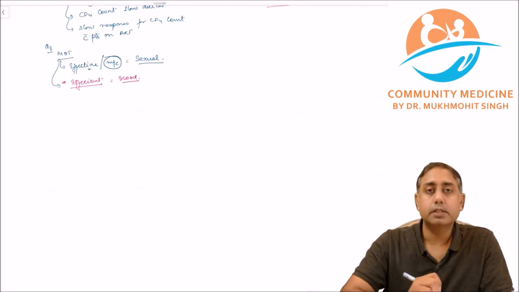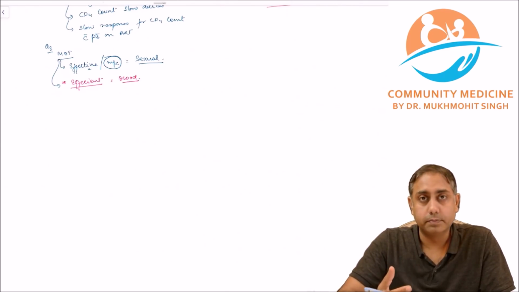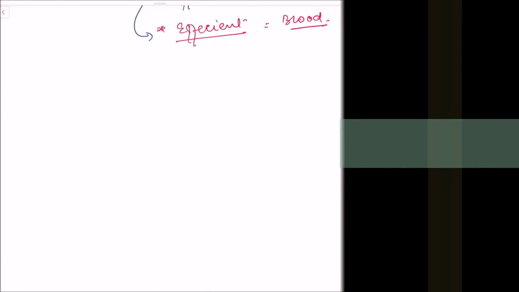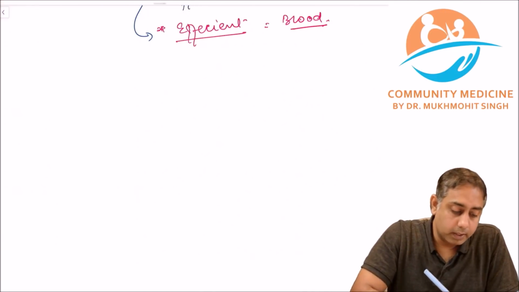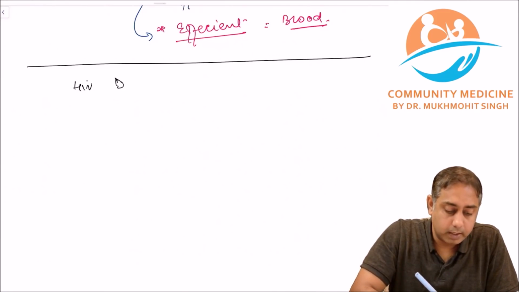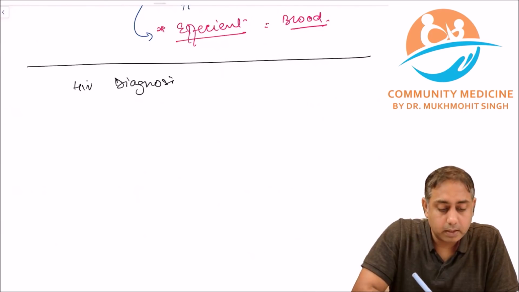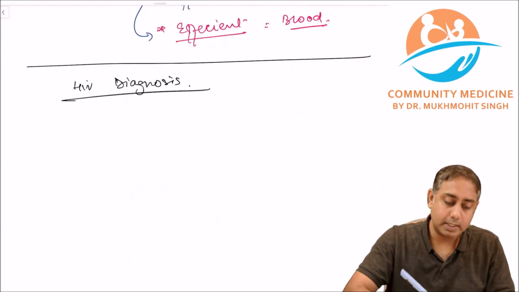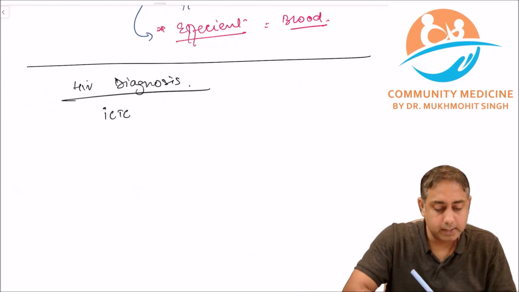Next we shall talk about how to diagnose. So now let's talk about the diagnosis of HIV. There are a couple of things you need to know beforehand: the government of India has set up something known as ICTC centers.